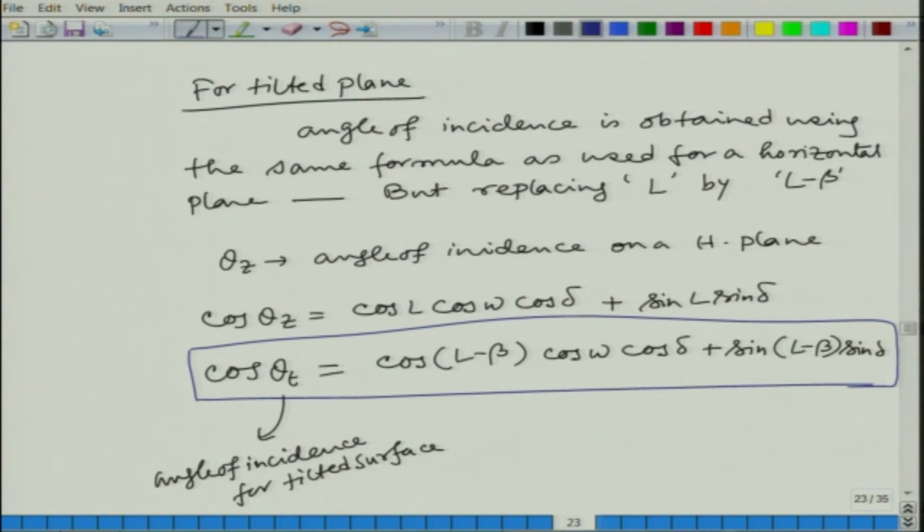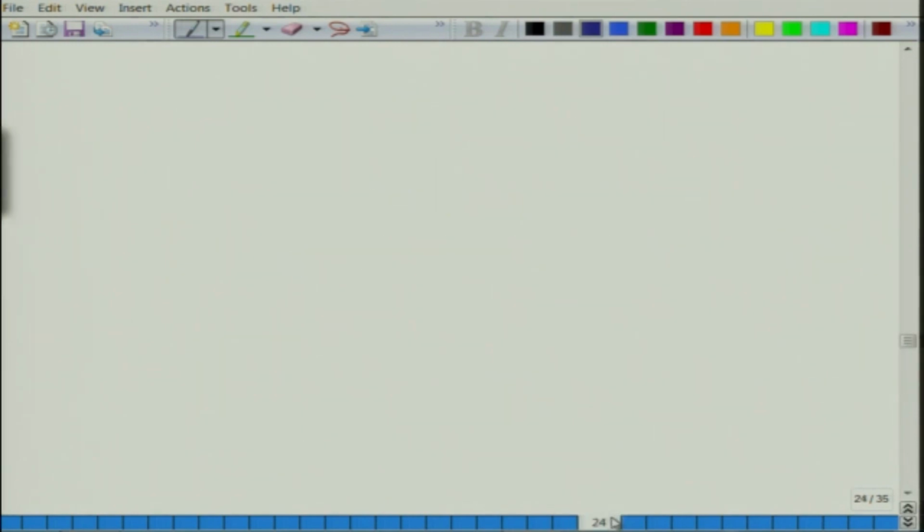Now, from these relationship we are in a position to make some important observations already. Okay. So, first of all we have talked lot about solar noon, right, while we talked about the solar time, clock time and all those things, we talked about solar noon.